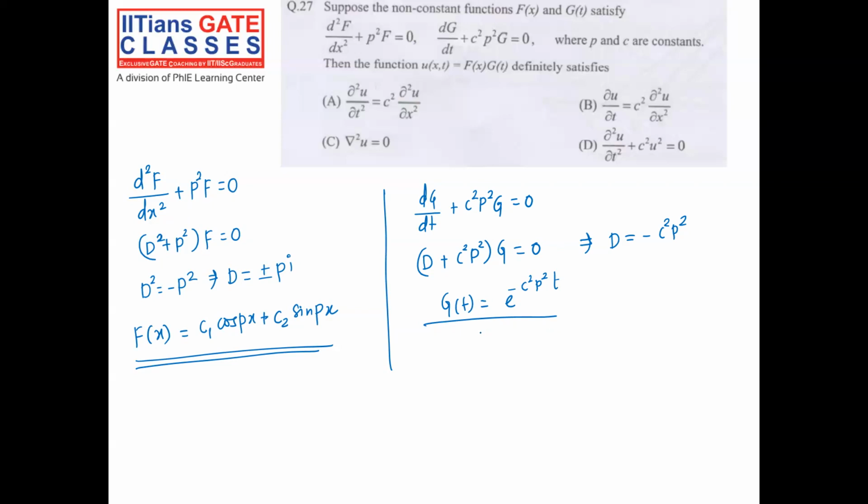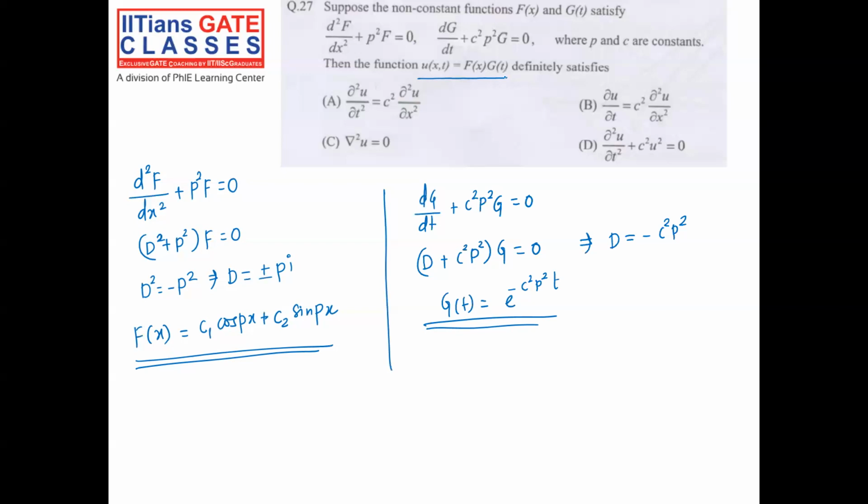Okay, so these two things we already know now, and now the question is our function, which is in terms of multiplication of f of x into g of t, should satisfy one equation out of these four. So let's try to take the different derivatives of this f of x and g of t.